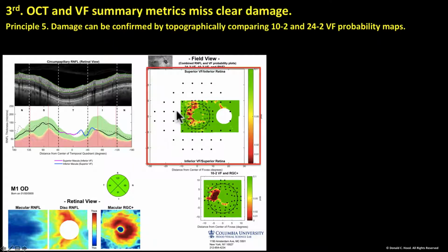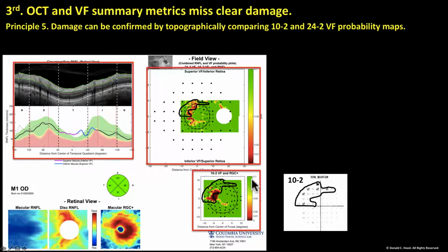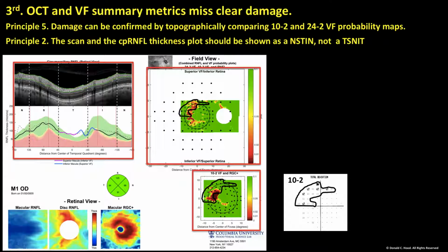You've got to get that information from the visual field, but this shows you the location of the 24-2, open circle, and this is the location of the 10-2. Once you have the fields, you can now circle this, and you can see the topographical agreement. Same thing here, topographical agreement. And in many cases, the metrics will not show you that.